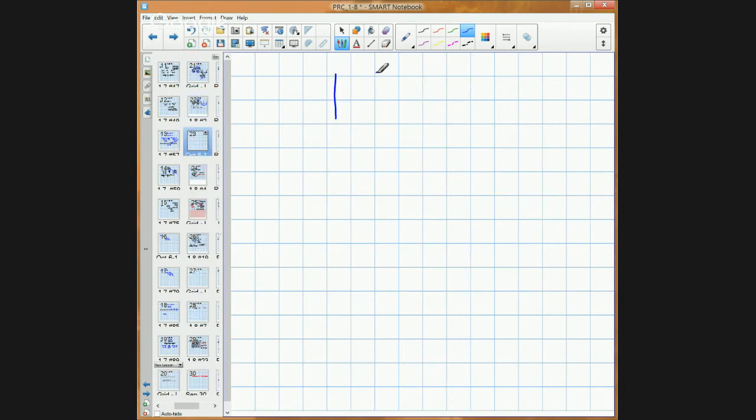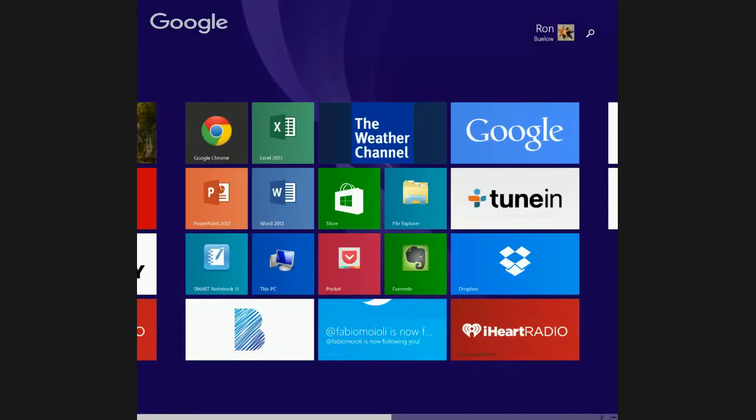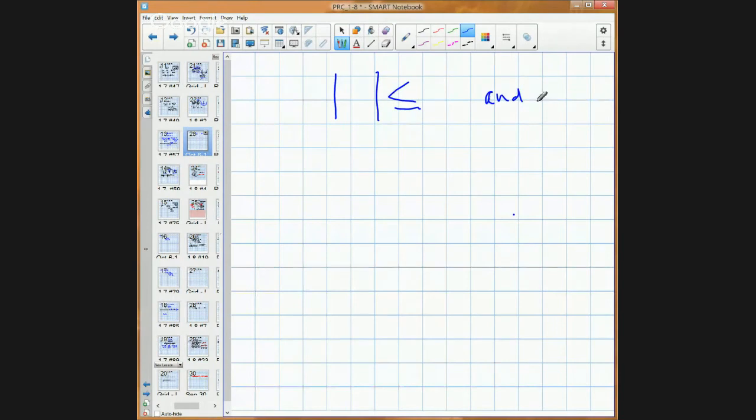If you have an absolute value less than or equal problem, then that's going to be and, that's going to be intersection. Do you have the screen back? Hopefully. Give me a thumbs up, Jeremy, or no. Okay, good. And if you have an absolute value greater than problem, that is or, union.